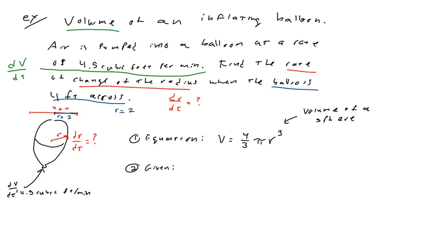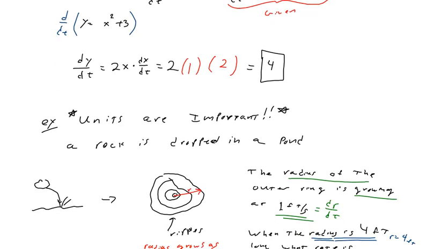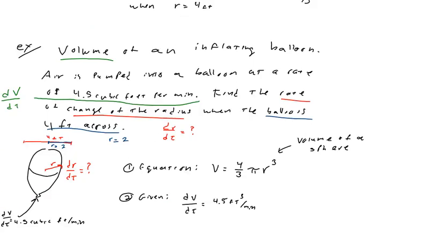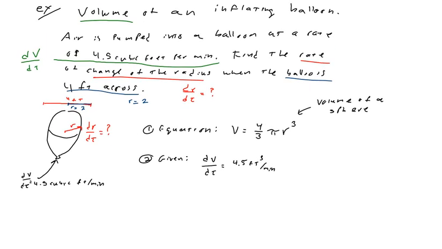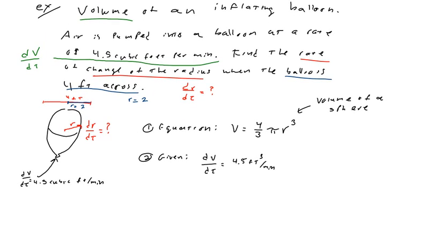Second, let's break down what we're given. We are given the change in volume. We know how much air we are putting into the balloon: 4.5 cubic feet per minute.